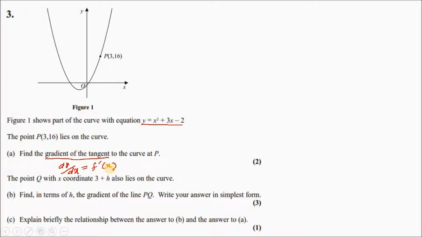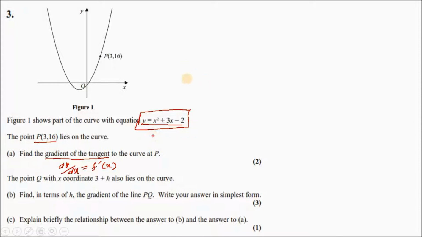It depends on what form the function is given. So if you differentiate this equation, which is the equation of the curve, the derivative will be the gradient of the tangent line. So for part A, to find the gradient of the tangent, you need to find dy by dx at that particular point.